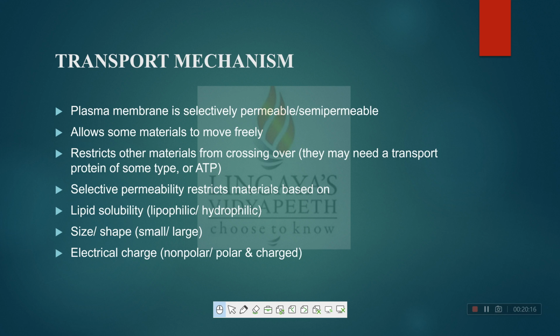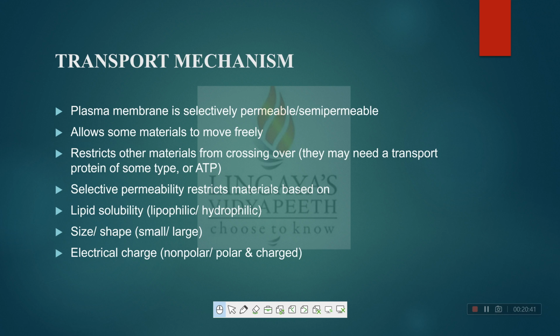So the plasma membrane is selectively permeable or semi-permeable, which means it allows only certain molecules to move inside and outside the cell, and restricts other materials from crossing over. They will either need a transport protein or ATP for moving inside or outside.